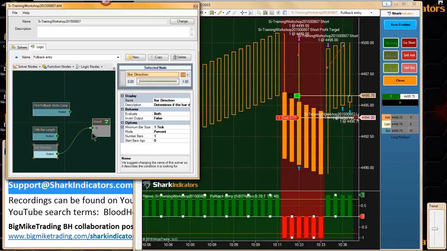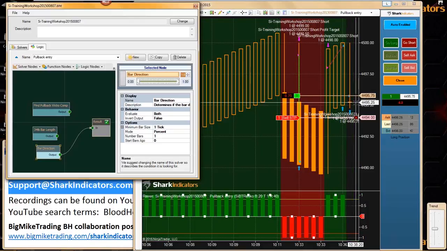Now you can see Raven just took a trade because I connected my bar direction solver in. You can see I have continuous signals now. I just generated a long signal in real time, and Raven took that trade.